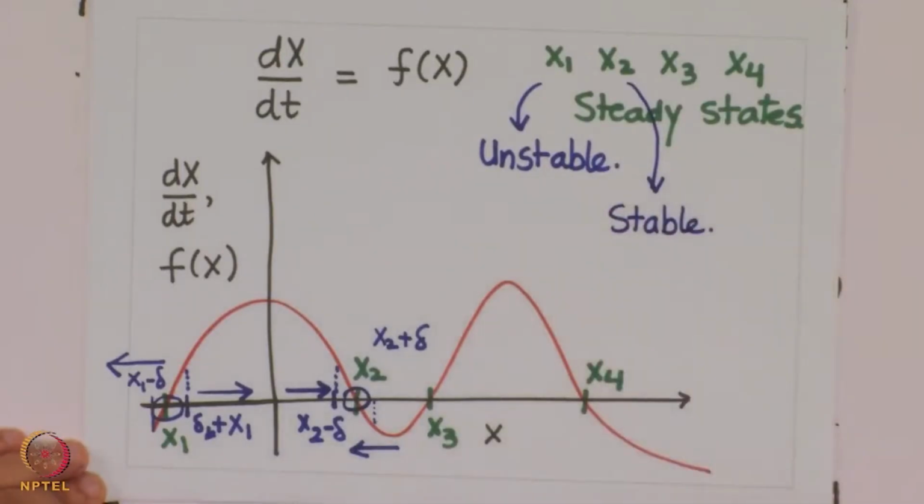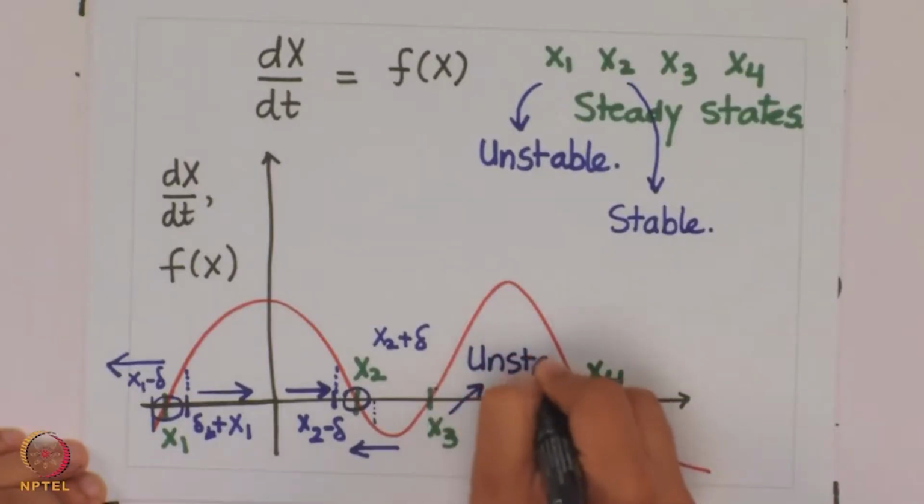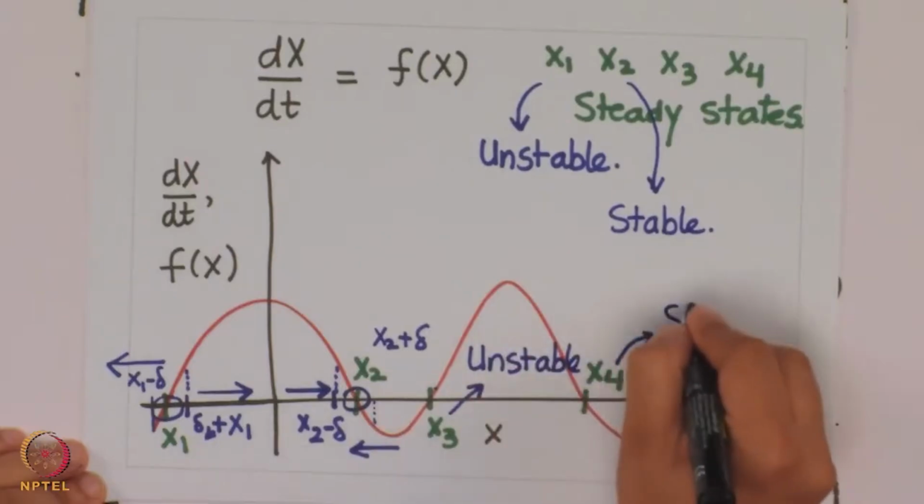And I leave this as an exercise to show that x equal to x3 should be unstable, while x equal to x4 should be stable.